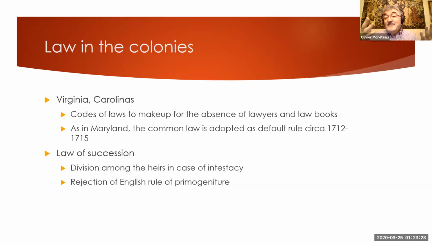It makes sense to abandon or move away from these feudal traditions, and also think that land was plentiful in North America and there was no embarrassment in distributing or sharing land amongst the children. They could have easy access to more land if it was needed.